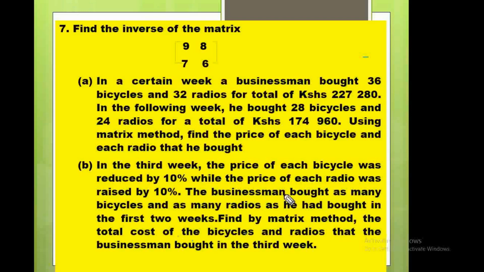Okay, the businessman bought as many bicycles and as many radios as he had bought in the first 2 weeks. Find by matrix method the total cost of the bicycles and radios that the businessman bought in the third week. So you can put down those questions in your exercise book.